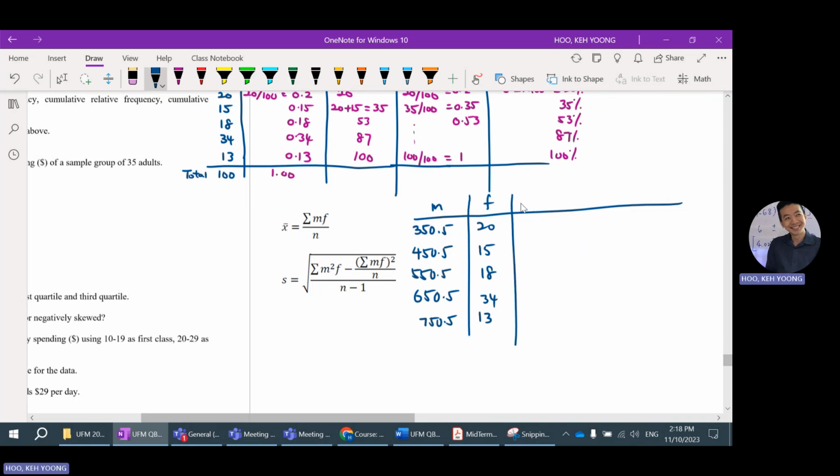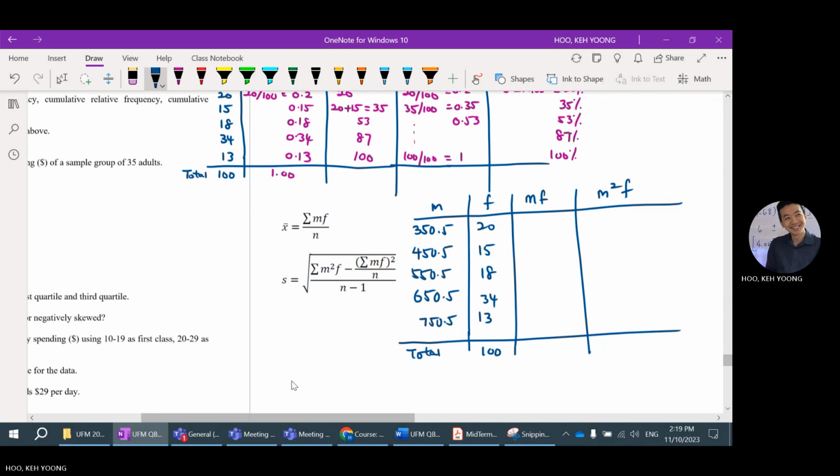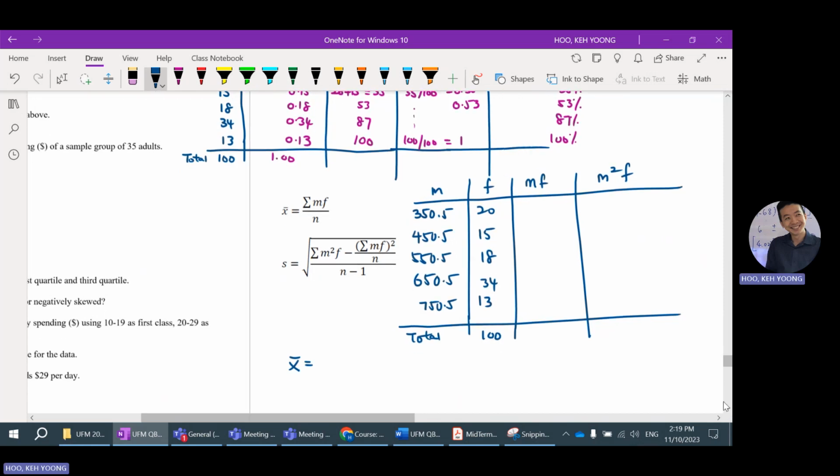So find MF, find M squared F. Has anyone found total MF?